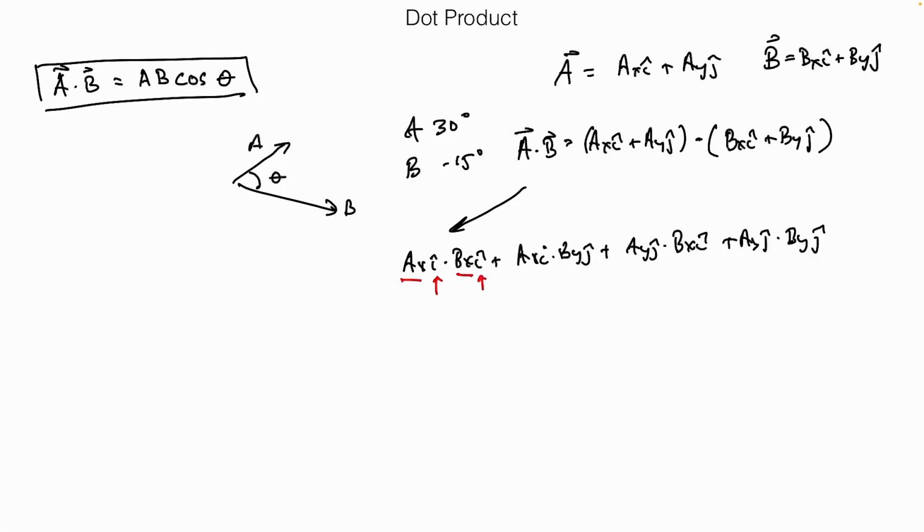Or, in other words, in this case, it would just be, in the wrong color, AX BX, wouldn't it? This is 1 times 1 times 1 for that i dot i. But what is i dot j?